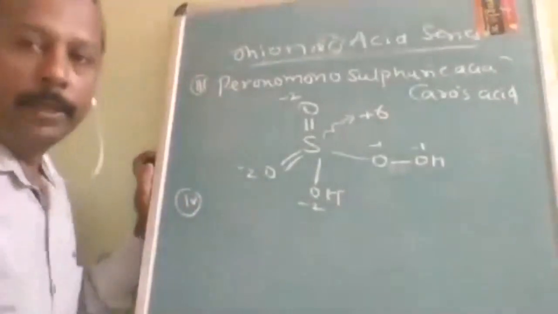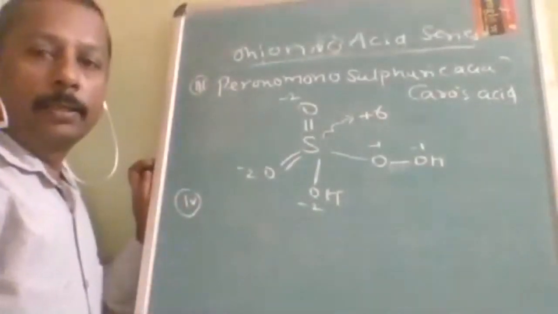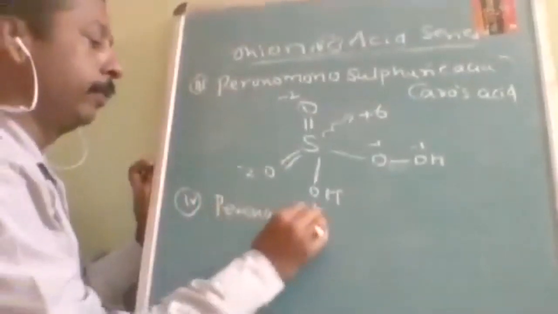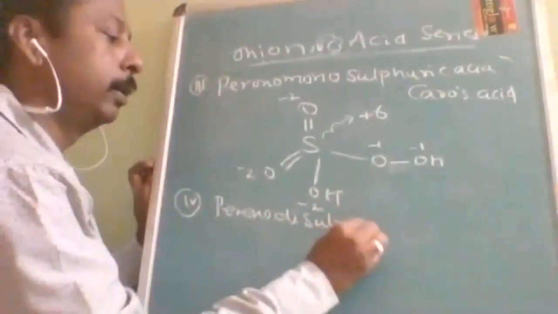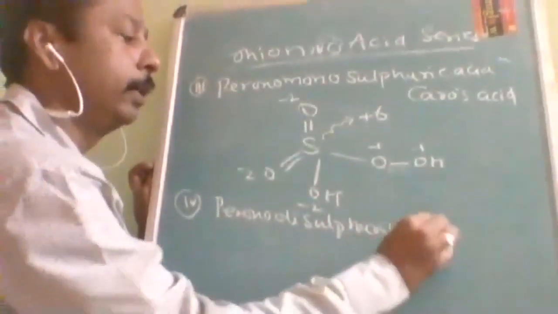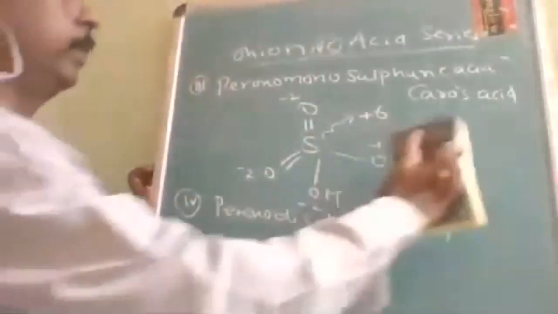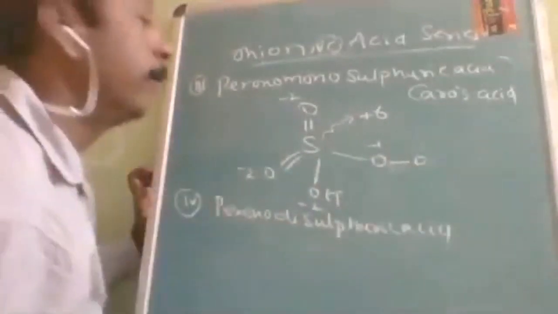Next one, last one is peroxodisulfuric acid, or what is it called? Marshall's acid. Peroxodisulfuric acid. So here what are we going to form? We are going to form it from this one only.